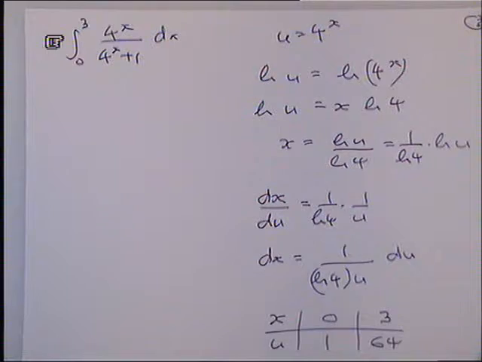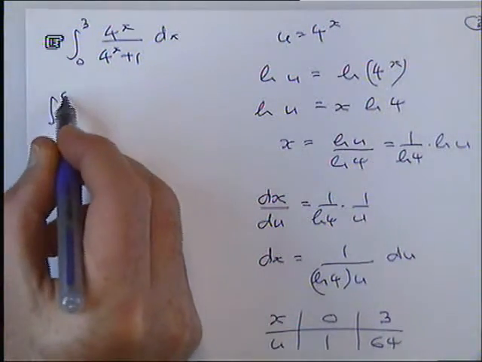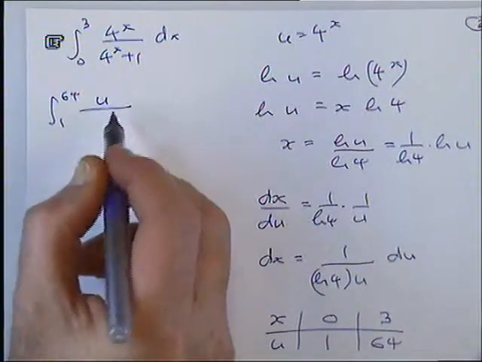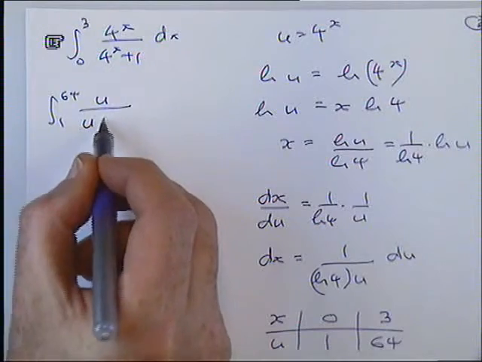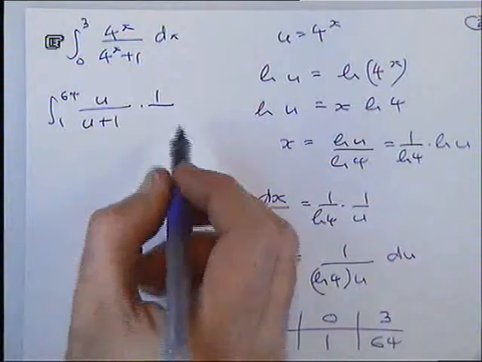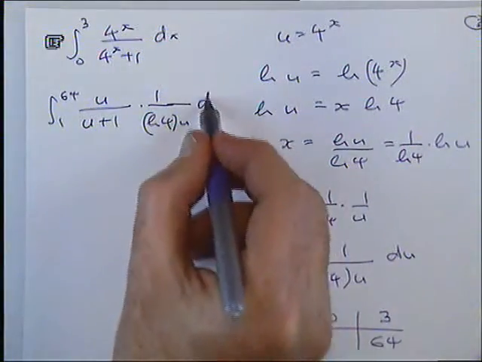So, now I've done all that, I can carry on working on my integral. It's going from 1 to 64. 4 to the x is u. On the bottom, 4 to the x is u, plus 1. And dx is 1 over log of 4 times by u du.